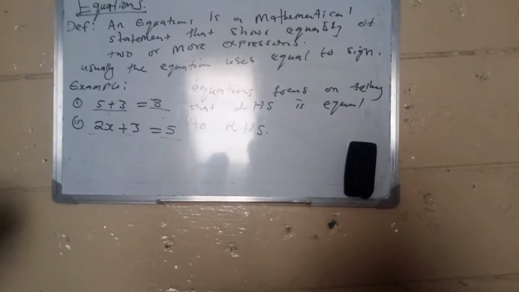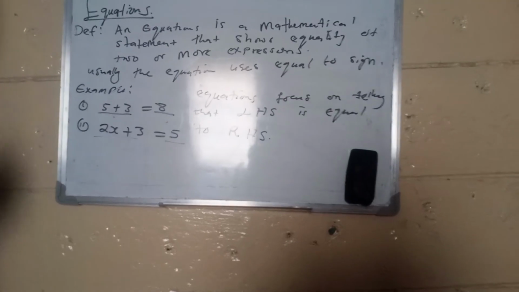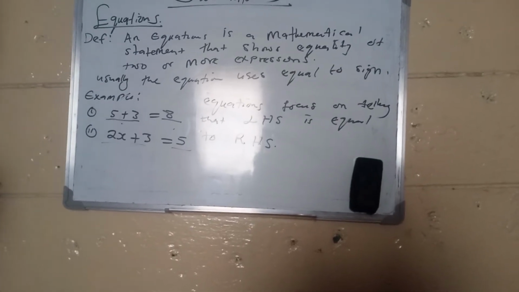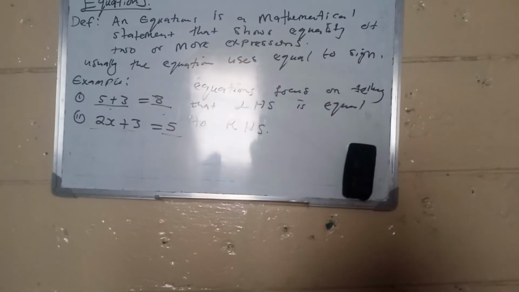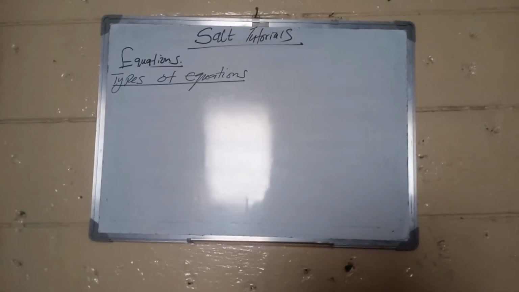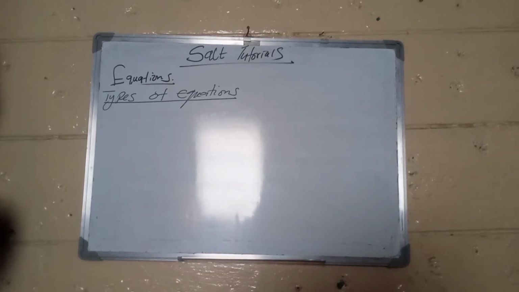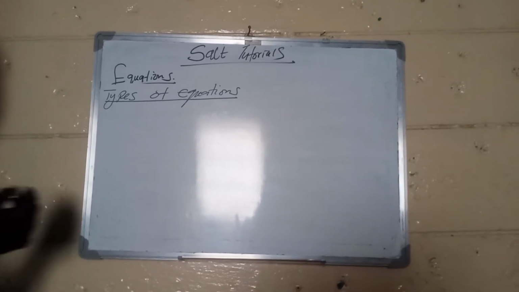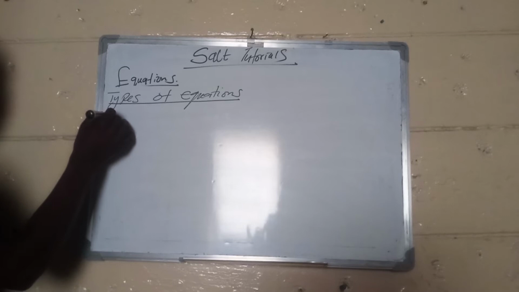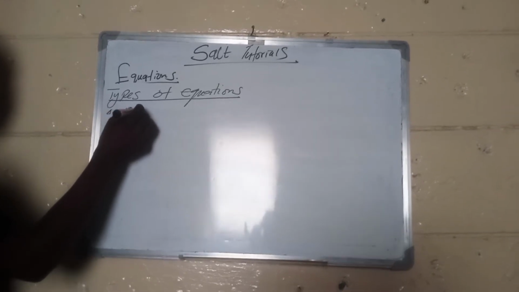So from there, we'll look at the types of equations. We've understood the definition of an equation, so we're looking at some of the types of equations. Number one, you're supposed to understand what linear equations look like.